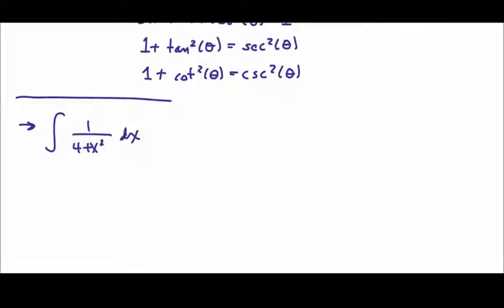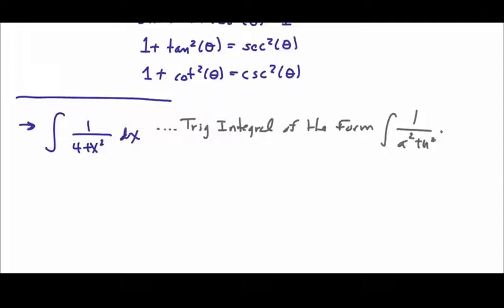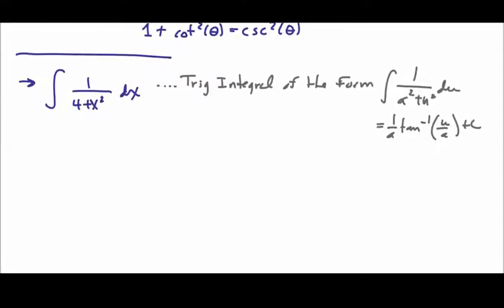From previous sections, this fits a trig integral of the form the integral of 1 over a squared plus u squared du, which integrates into 1 over a inverse tangent of u over a plus c. This is one of the inverse trig function integrals that we have memorized.